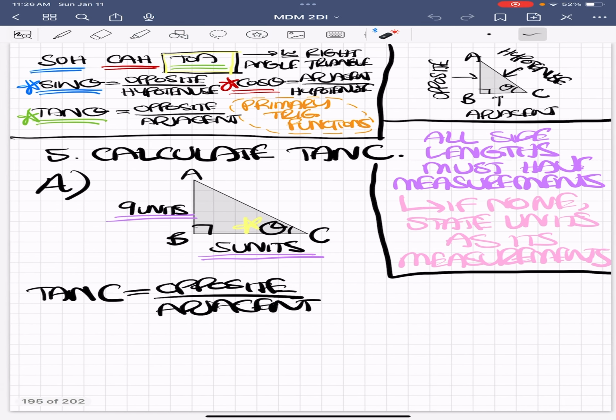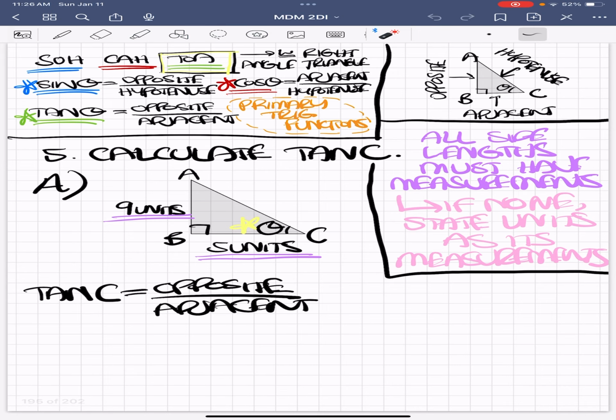So we have our diagram right here and our information right here. I just put that at the top in case you needed it to remember. We are going to be calculating tan C, along with this note right here: all side lengths must have unit measurements.